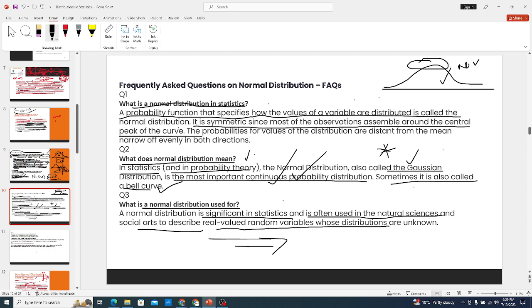If those randomly generated values tend to follow a normal distribution, we will know that the data set tends to follow a normal distribution.